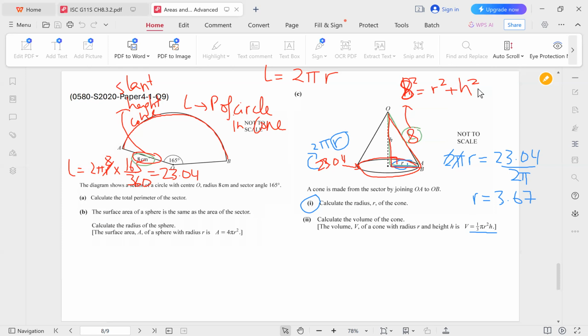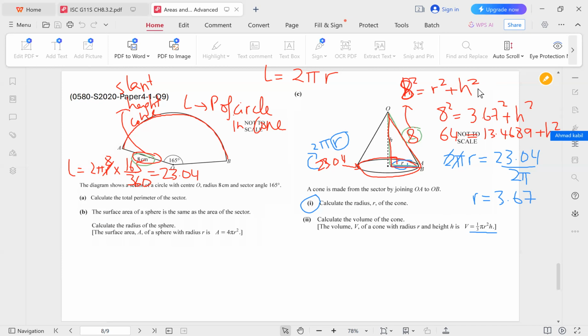So we use this equation here and we plug in the radius as 3.67. And we want to get h squared, or we want to get h. So let's just calculate each value. We have 64 here. And then 3.67 squared is 13.4689, plus h squared.